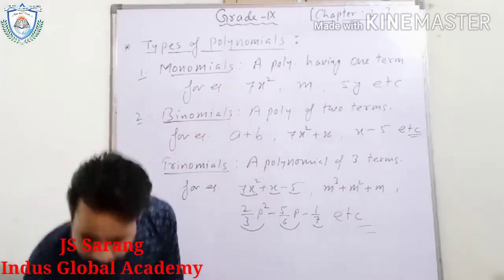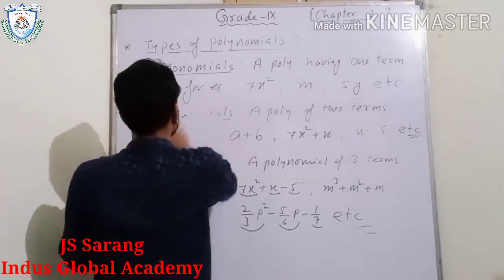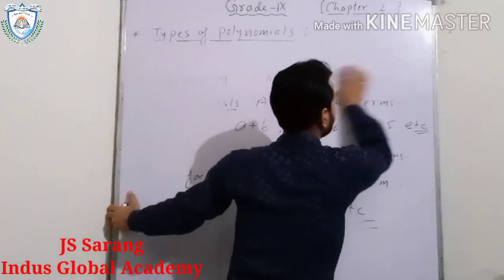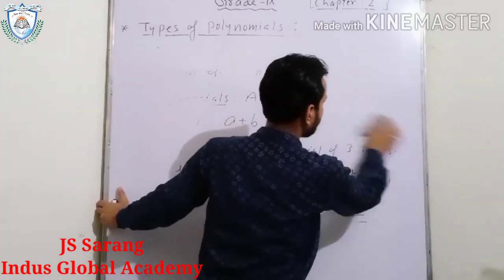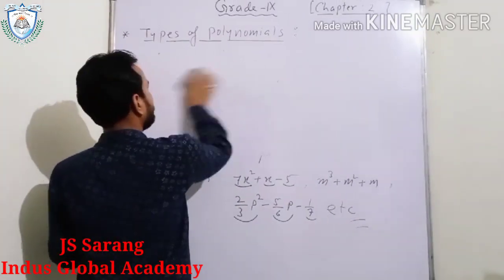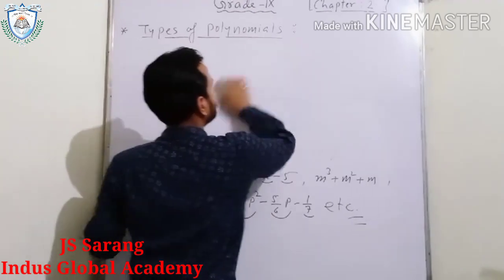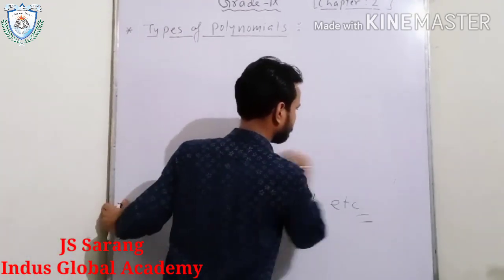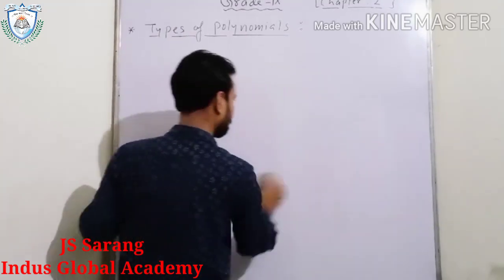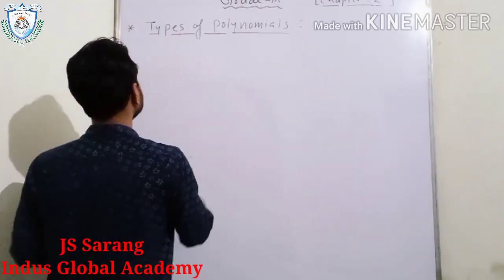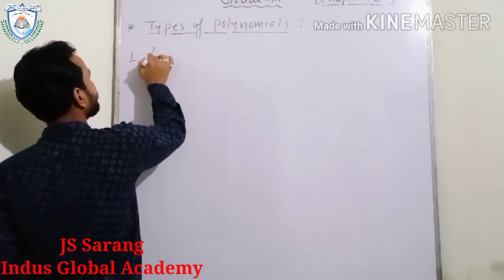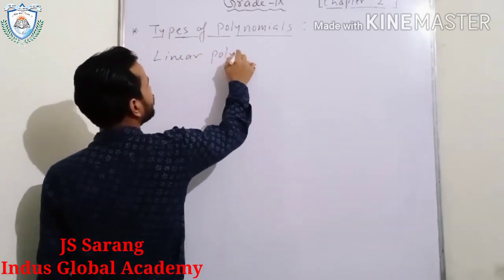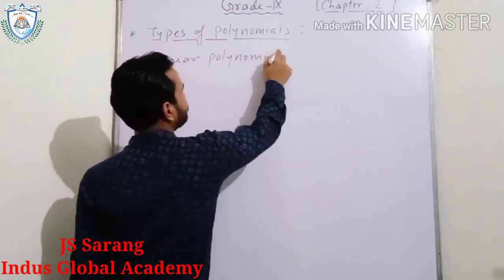On the basis of degree of the polynomial, polynomials are of 3 types. First type is linear polynomial.